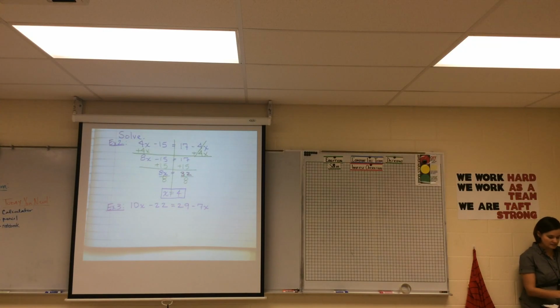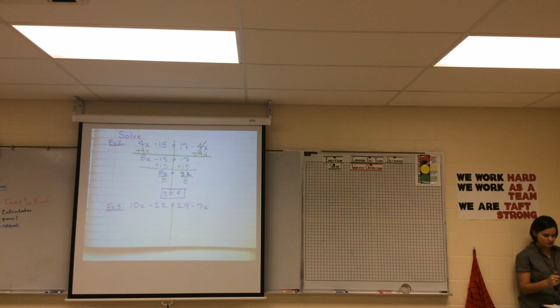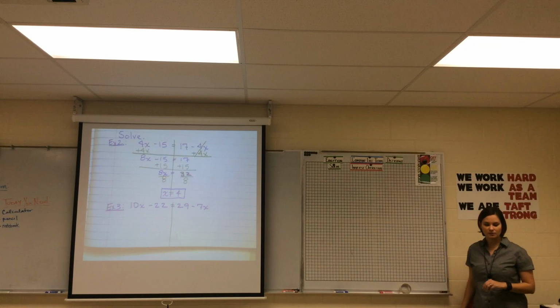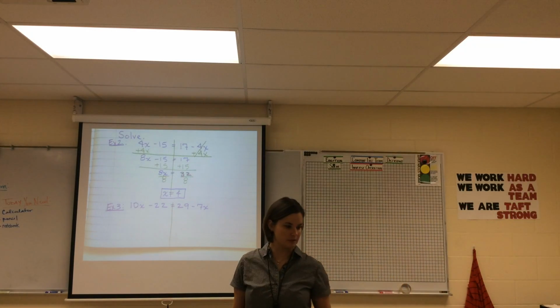So I'm going to give you guys about 2 minutes. I want you to solve this. Use your group. Discuss. Check with one another. Use a substitute check if you would like. I'm going to give us about 2 minutes, then we're going to review it.